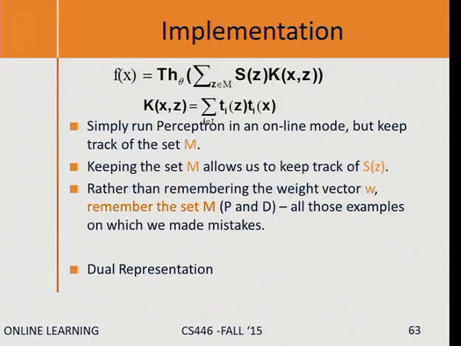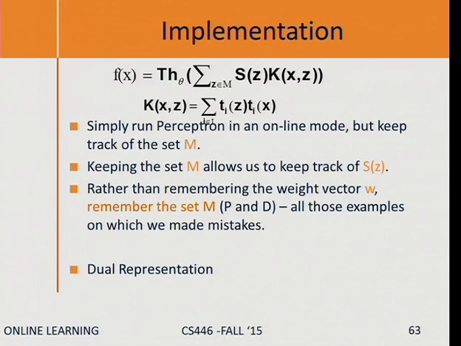And before we generalize it, let's just summarize what is the algorithm that we developed here. We developed a dual representation of perceptron. We simply run perceptron in an online mode. Instead of keeping track of the weights as we typically do, now we're going to keep track of the set M of all examples on which we've made mistakes, right? So this really gives us S of Z, which is plus or minus 1, depending on which type of mistake we've made.